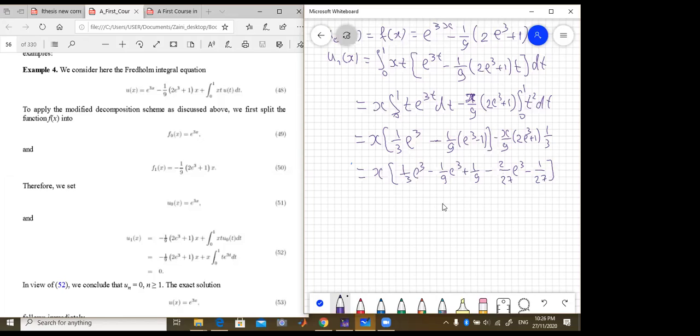So you see, the modified one is very simple. Mostly it focuses on two steps. U0, we choose in such a way that U1 should be 0. The next iteration should be 0.